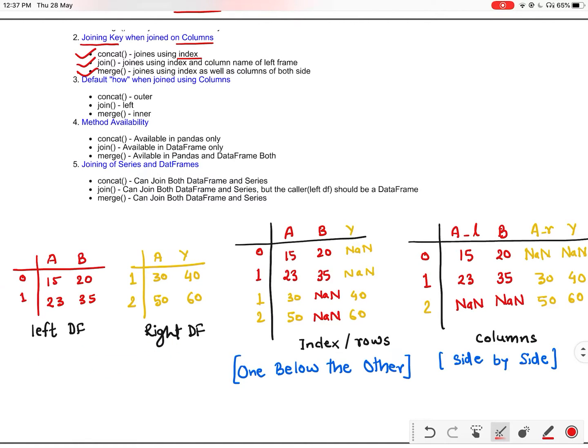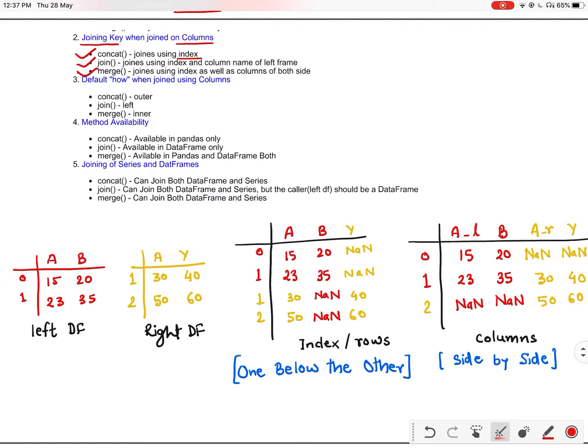So when we use the merge method, it can use indexes of both the data frames, or it can use the index of the left data frame and a column of the right data frame, or it can use a column of the left data frame and the index of the right data frame, or it can use columns of both the data frames to join them.